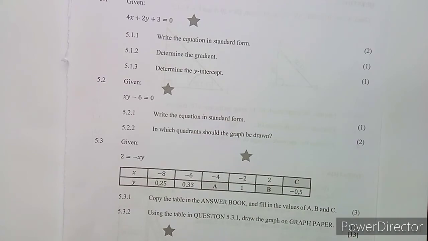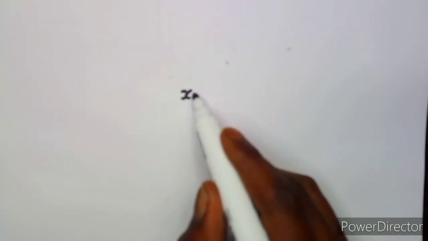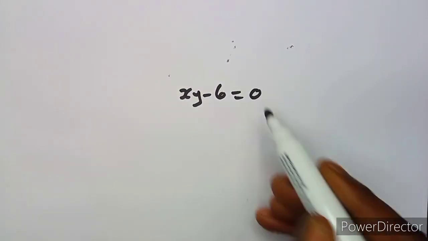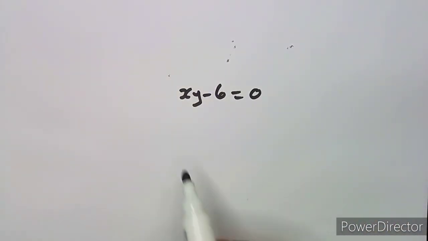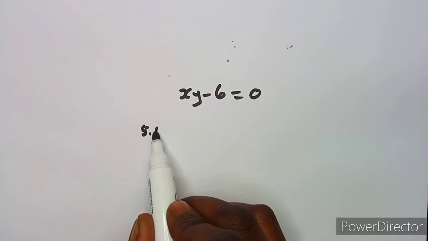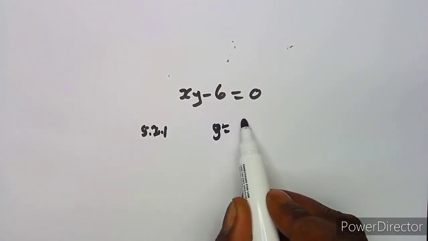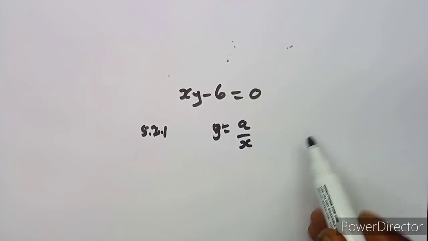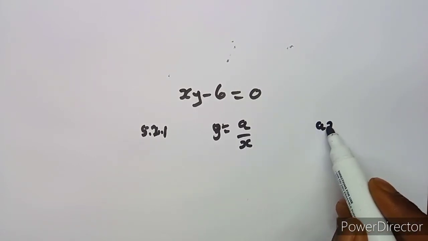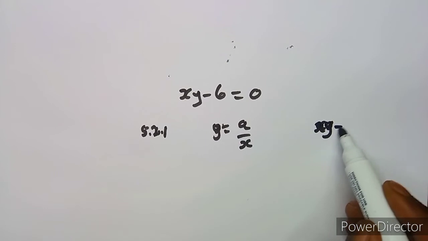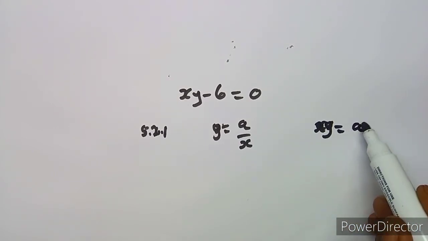Then the other question: given xy minus 6 is equal to 0, write this in the standard equation. You know that the standard equation, guys, is y equal to a over x, which is actually taken from xy equal to a, or equal to c.